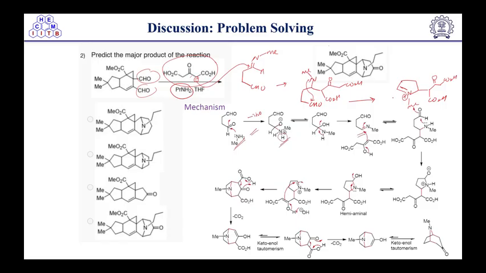Okay, after this one we have the same reaction repeating here, right? So the deprotonation will take place from here and this will attack on the iminium ion and it will open up, right? So we'll get a structure which will look like a strained one, this way. I will write here this way.